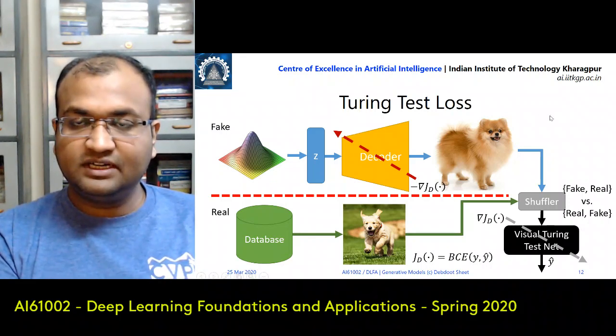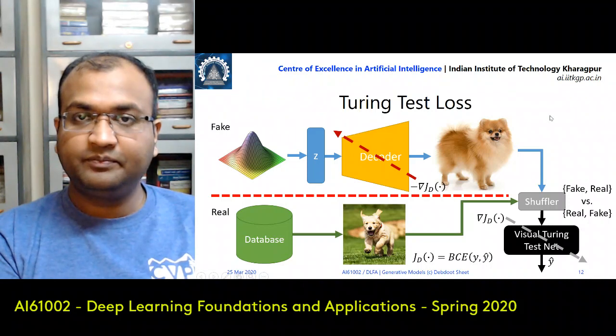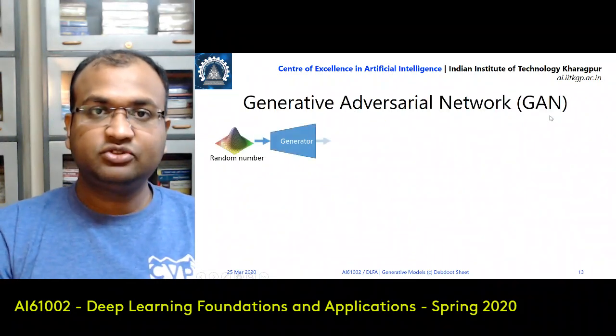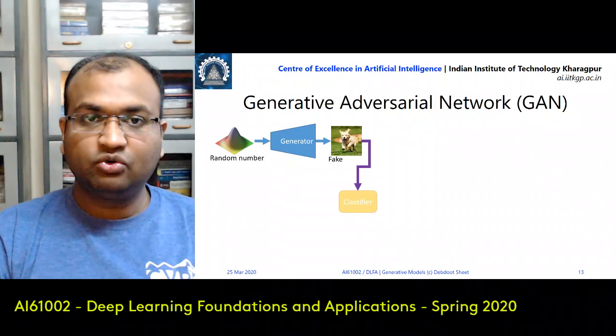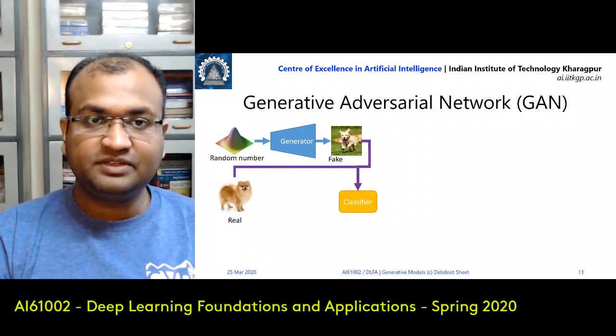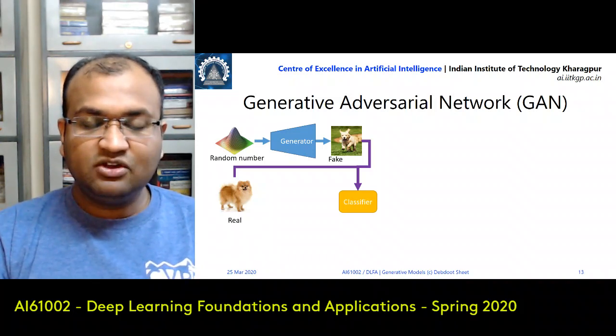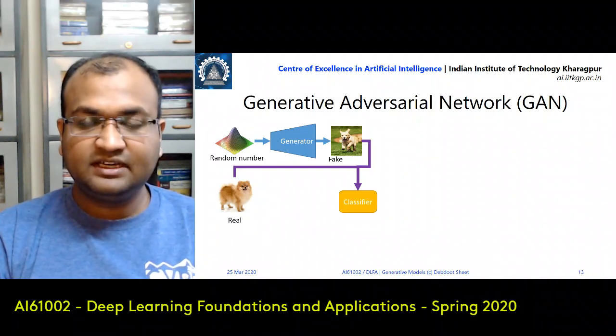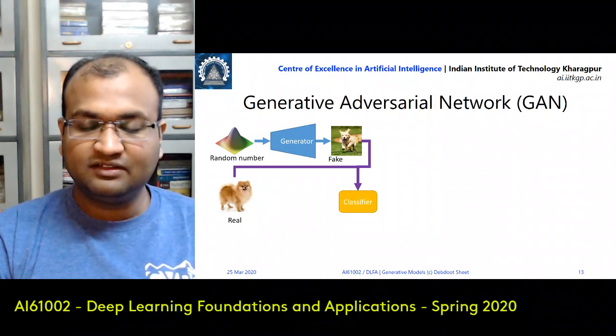So now what we are trying to do is get into something which is called a generative adversarial network. The whole idea is that I take a random number, I generate some image, which is essentially a fake image. I also take a matching image from a real database, and then I feed these two to a classifier.